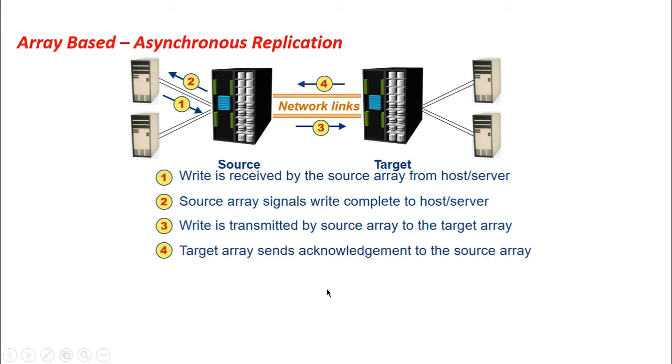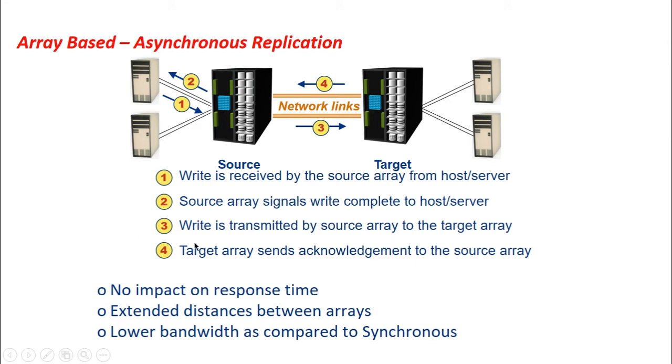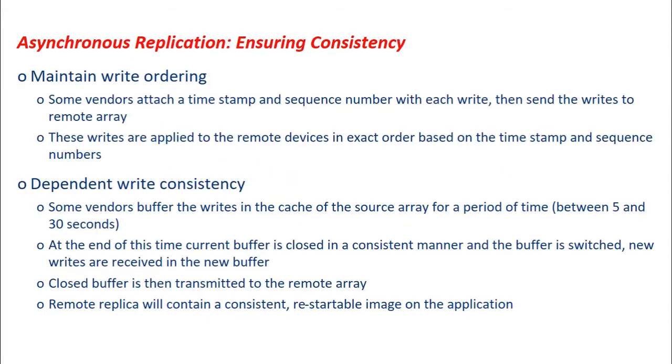And lastly, the target array sends an acknowledgement to the source array. These are the sequence of operations in array-based asynchronous replication. Here there is no impact on response time. Extended distance between the arrays is possible since it is asynchronous mode, and lower bandwidth is required as compared to synchronous remote replication.